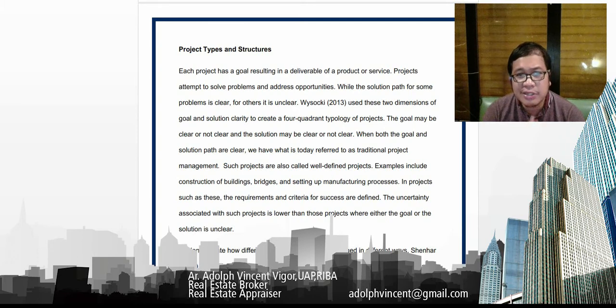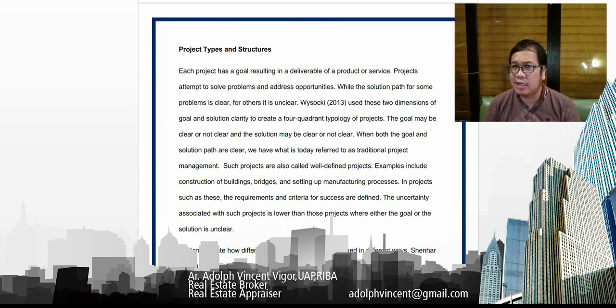Then the uncertainty associated with such projects is lowered. There are also project types, class, wherein the goal or the solution is unclear.